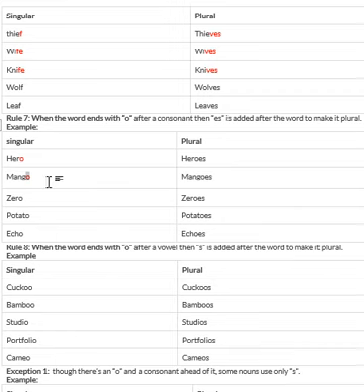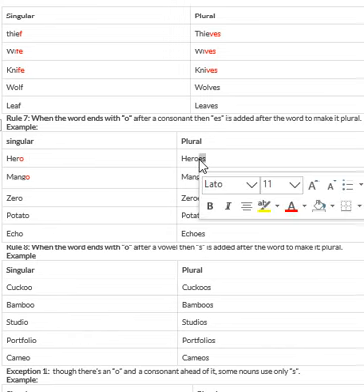Hero, the last letter of the word hero is O, but before O there is R. R is the consonant, so we will put ES after O.